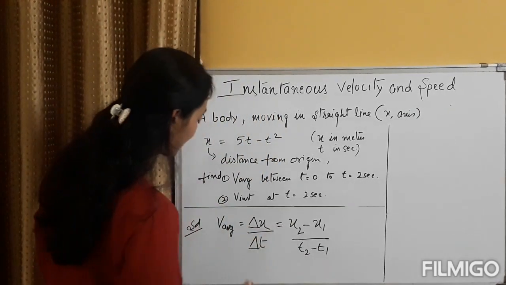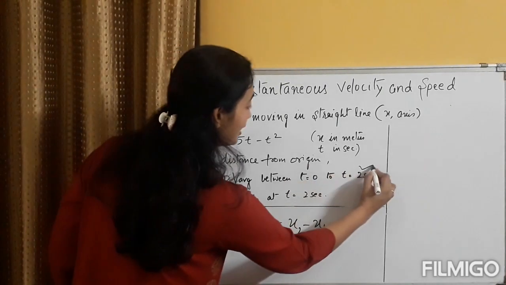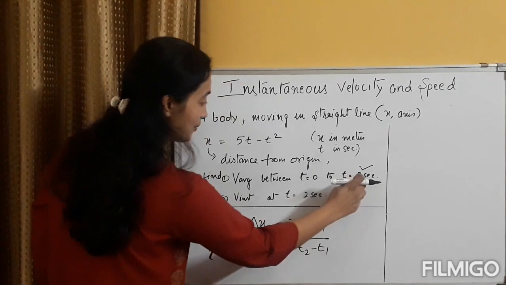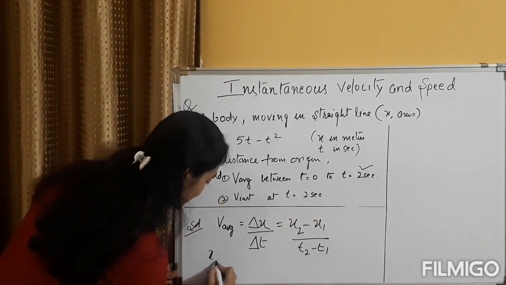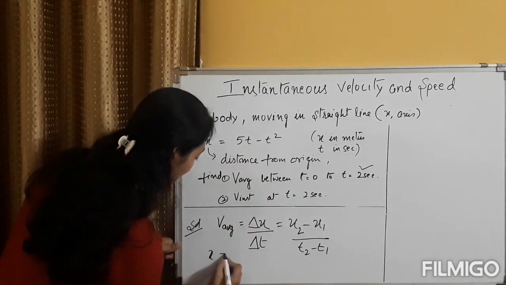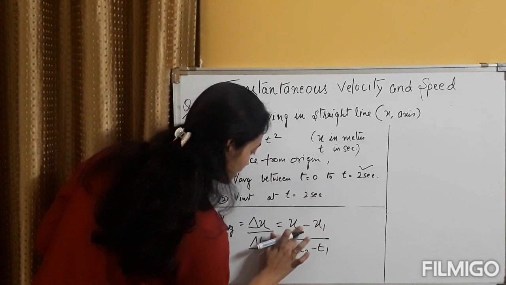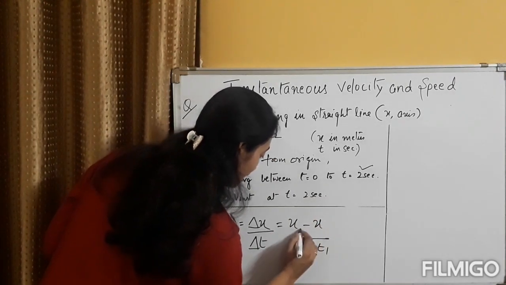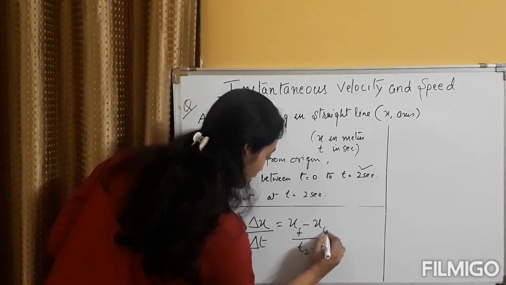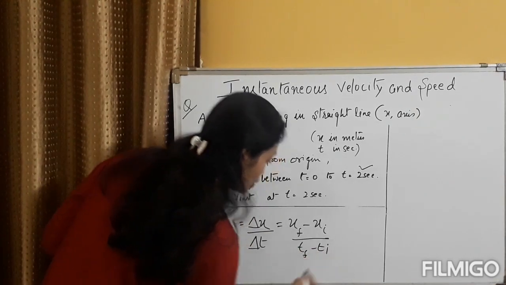Now x2, what is x2? x2 means the position at the final time. Final time is 2 seconds. I can even write it as t final and t initial, x final and x initial.